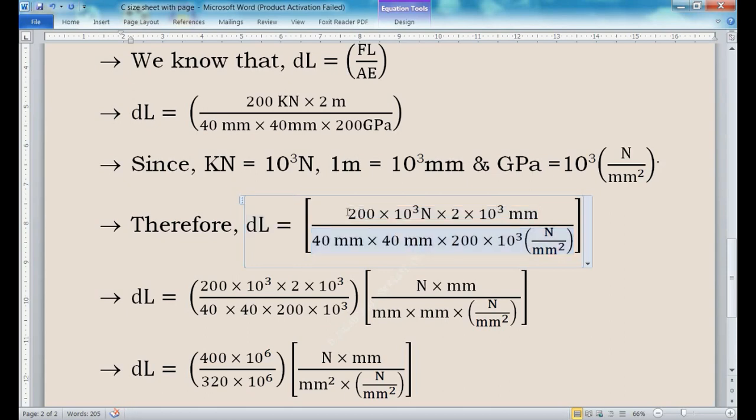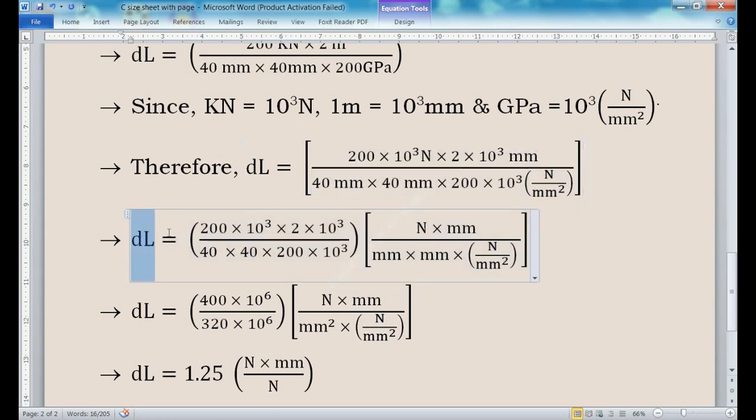In this RHS, I am going to split the numerical terms and the units. Therefore, dL is equal to 200 into 10 power 3 into 2 into 10 power 3 divided by 40 into 40 into 200 into 10 power 3, into Newton into mm divided by mm into Newton per mm square.